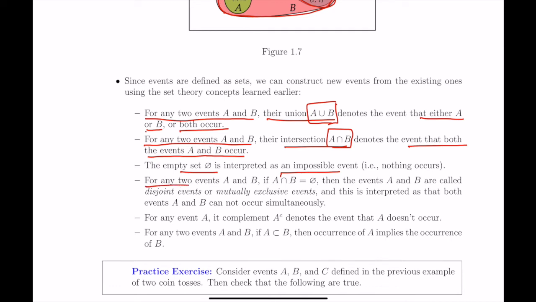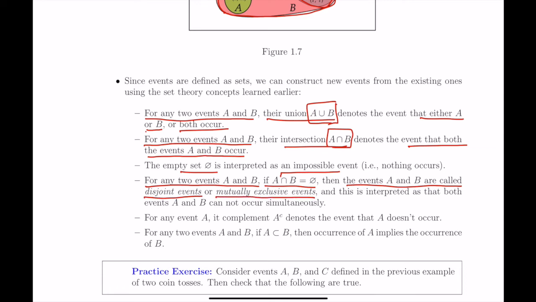And furthermore, we have this disjoint sets defined in the previous video. Similarly, for any events A and B, if they are disjoint, then the events A and B are called disjoint events or mutually exclusive events.